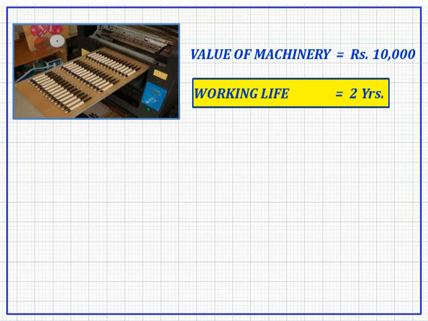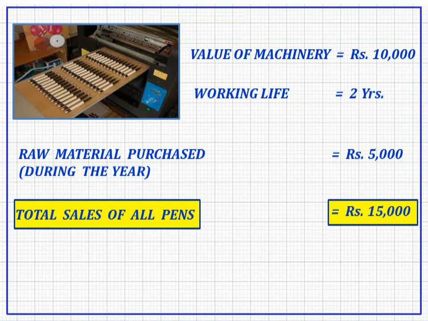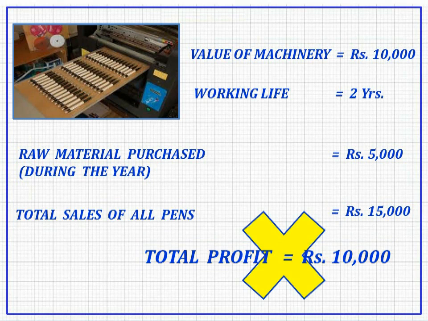And during this year, you buy the raw material for the pens for rupees 5,000 and you sell all the pens for rupees 15,000. Can you say that you have made a profit of rupees 10,000, because your purchases were for rupees 5,000 and sales were for rupees 15,000? No, it's wrong.